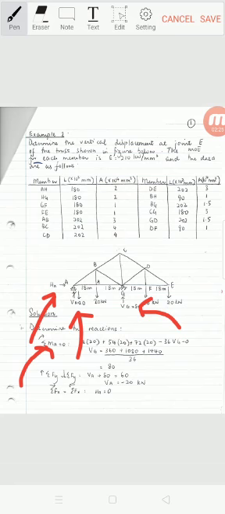So we originally assumed VA is acting upward, but since VA is negative, we have to change the direction of VA. So it will become VA equal to 20 acting downward.